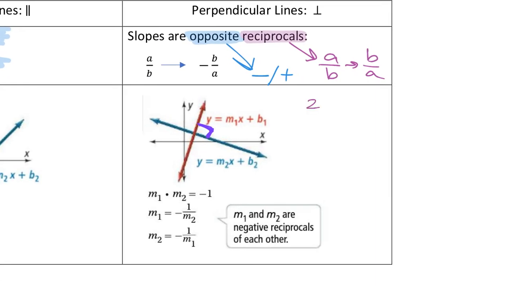So if my slope currently is 2/3, my perpendicular slope is what? 3/2, but negative, right? It's got to be opposite and reciprocal. So if it's a positive 2/3, it's going to become -3/2.